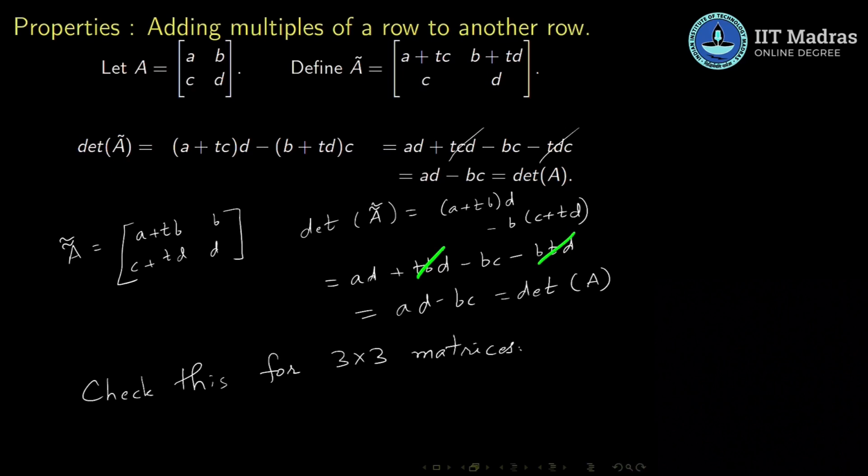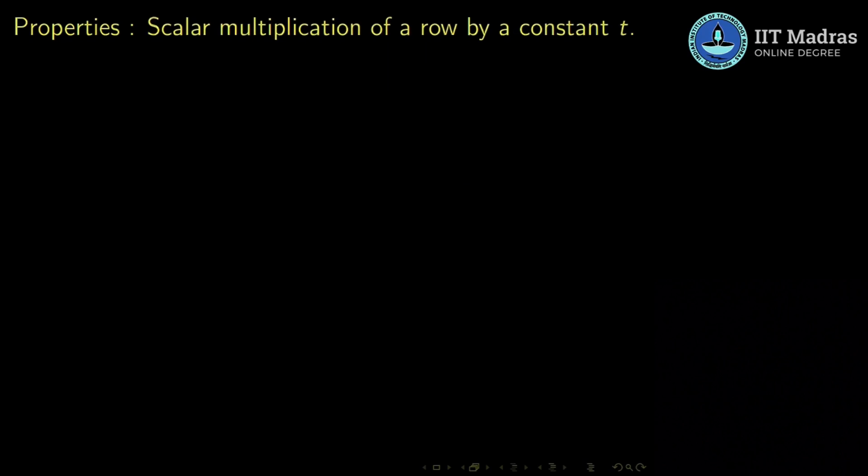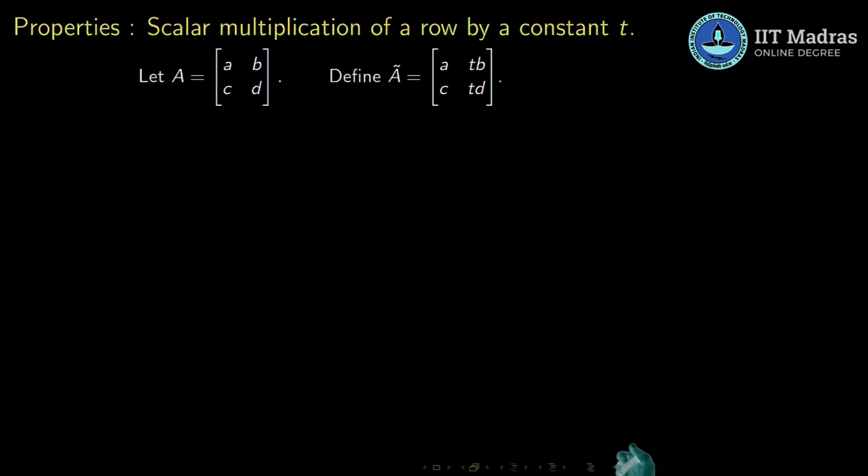Okay. And finally, let us look at what happens when we multiply a row by a constant t. Suppose A is A, B, C, D, and suppose we multiply, so I think I made a mistake in the example. Here we are multiplying a column and not a row.